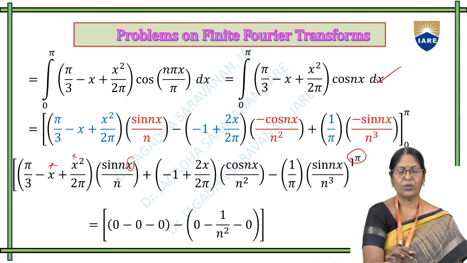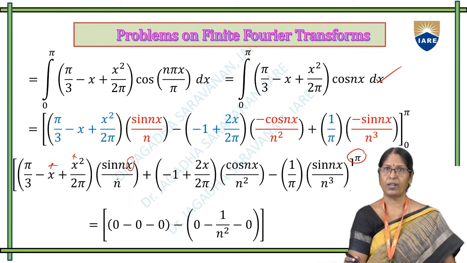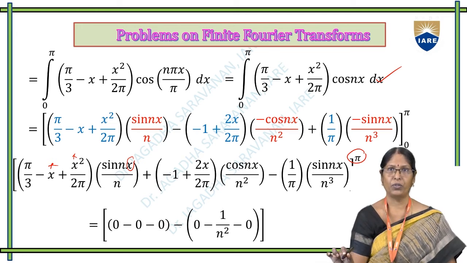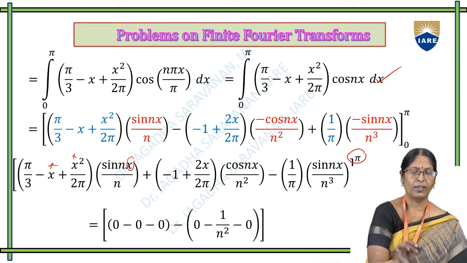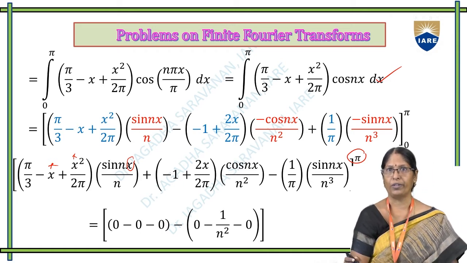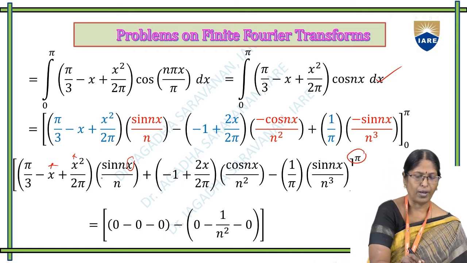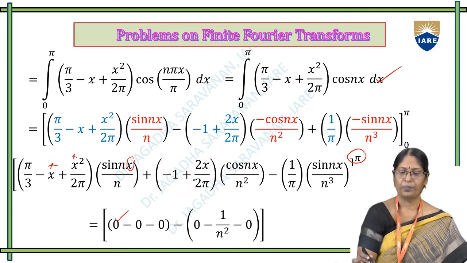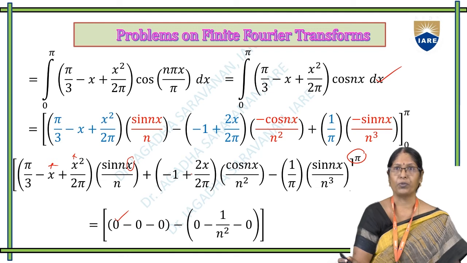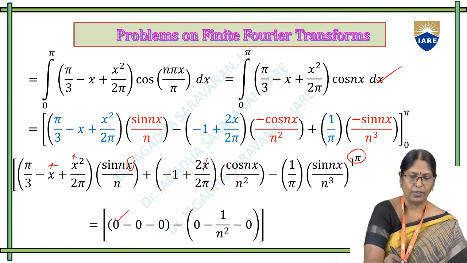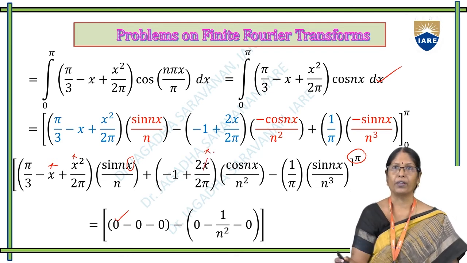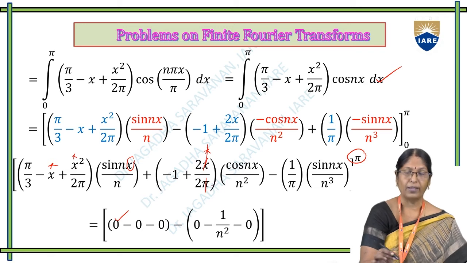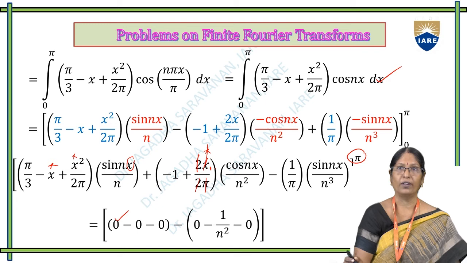Where the trigonometric term is, to save time, sine n pi is 0. So sine is there, that is the point we have to catch. So sine n pi, the first term, has become 0. Here we are going to substitute pi. Pi cancelled, 2 cancelled, so it is becoming 1.